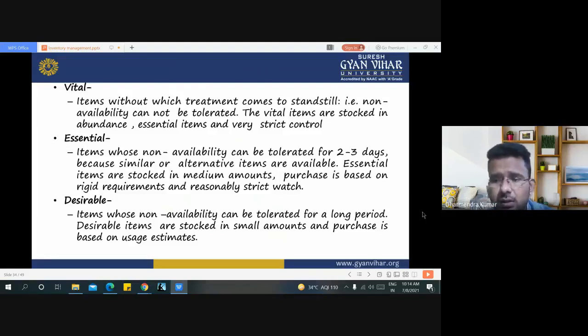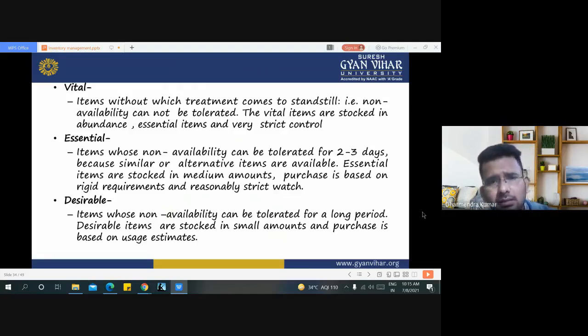Thus, it is a very important component or very important raw material, and we generally keep it in the vital category. If our inventory is stocked out from the vital category, then our production will stop until that raw material comes to our inventory.